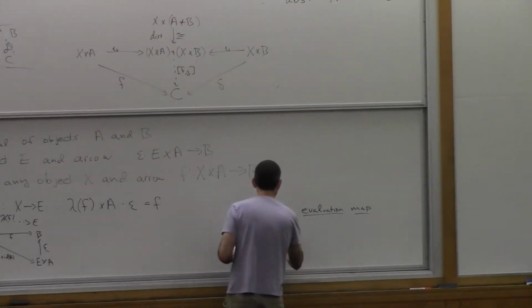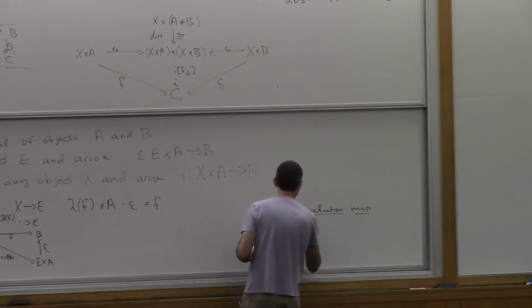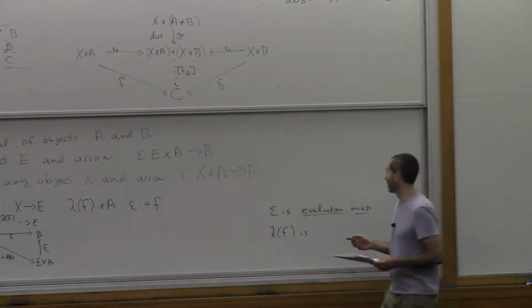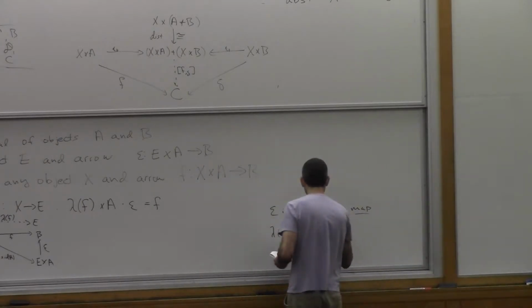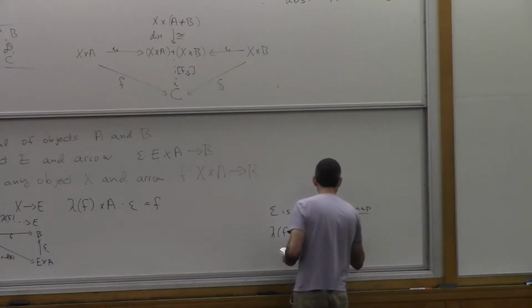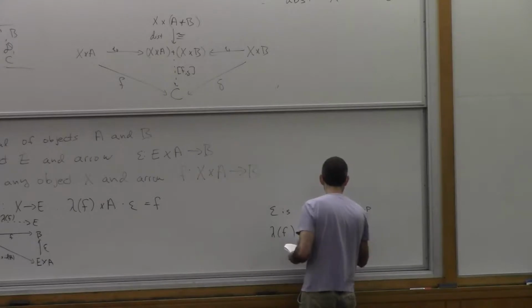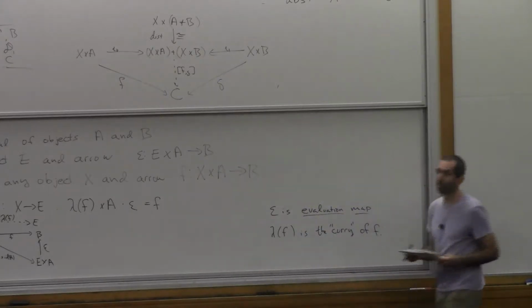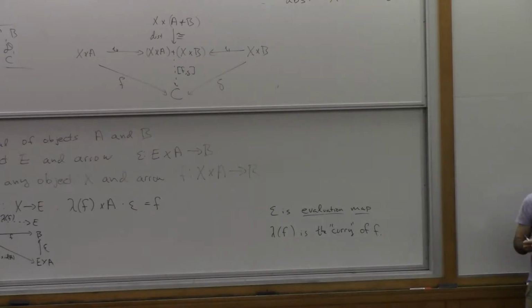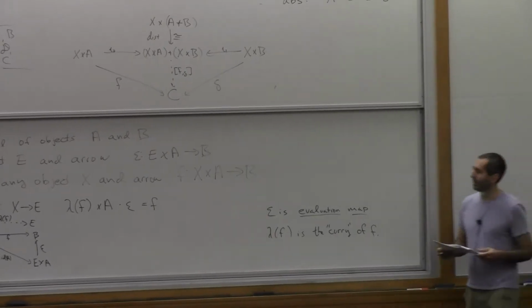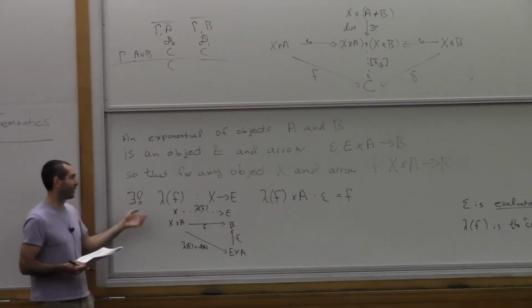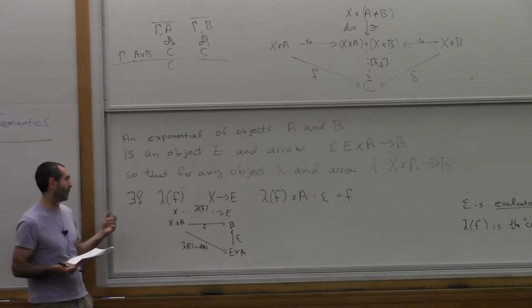And lambda of f is usually called the exponential transpose, but there's no way I'm going to write that many times, so I'm just going to say the curry of f. And as you know, we can not only take a function and curry it, but we can uncurry a higher order function, right?